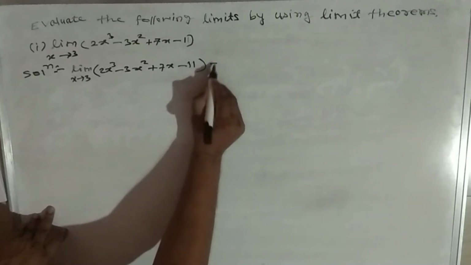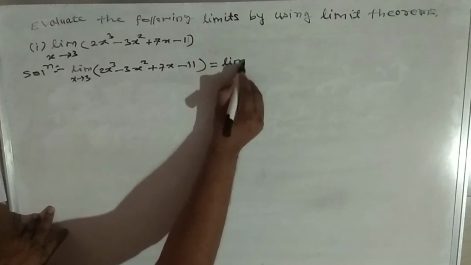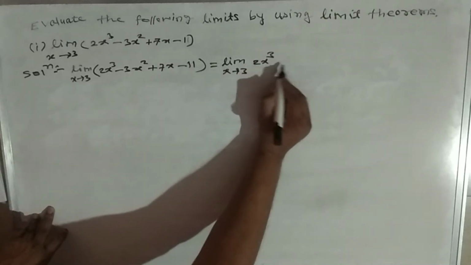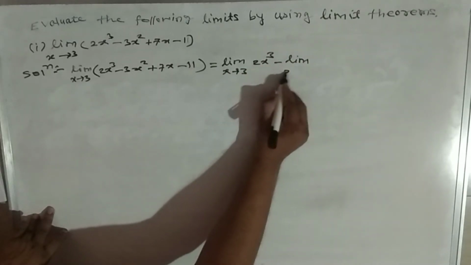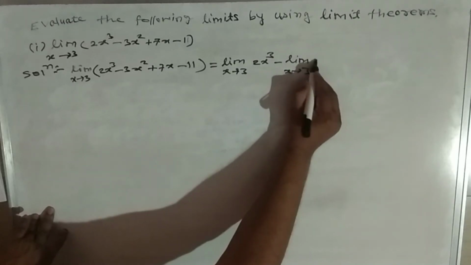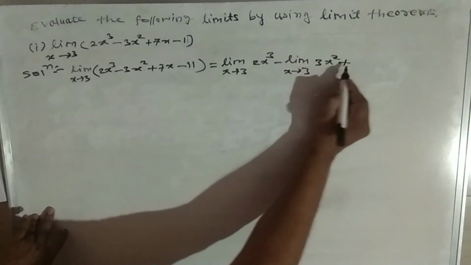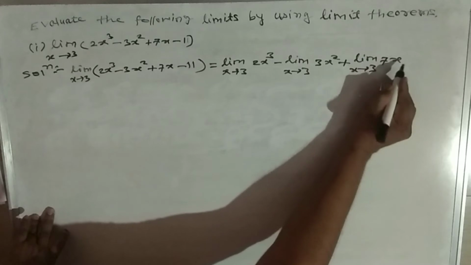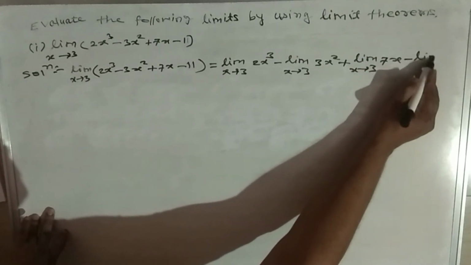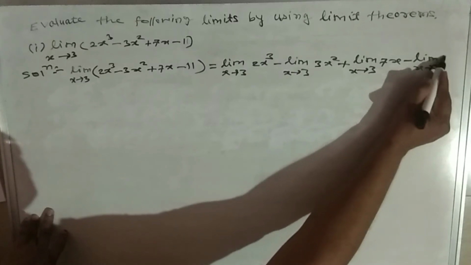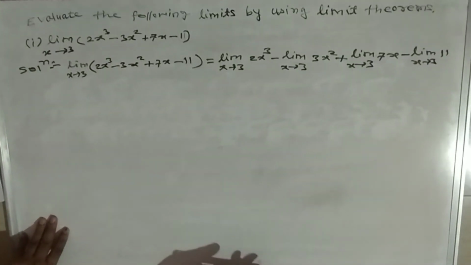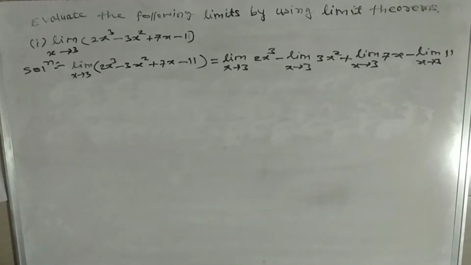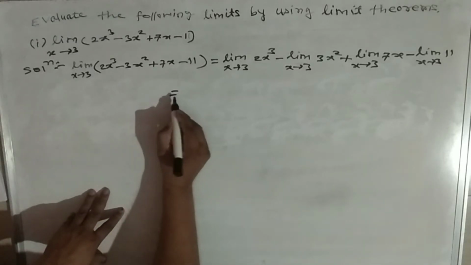So this can be written as limit as x tends to 3 of 2x cube minus limit as x tends to 3 of 3x square plus limit as x tends to 3 of 7x minus limit as x tends to 3 of 11.